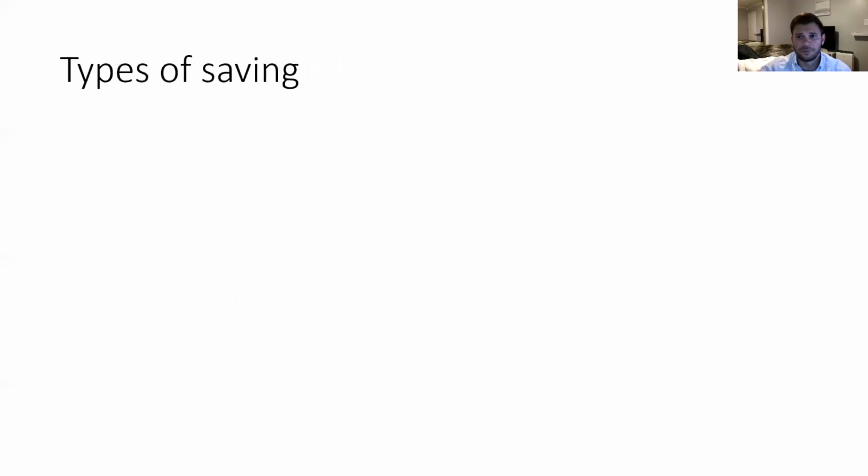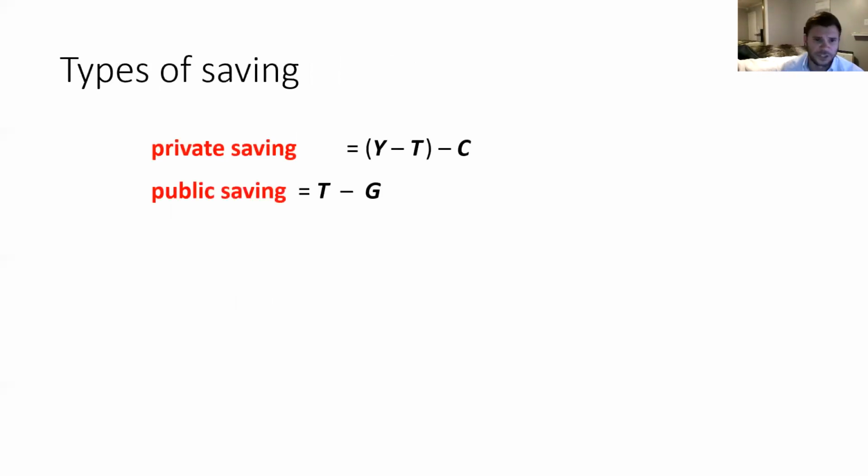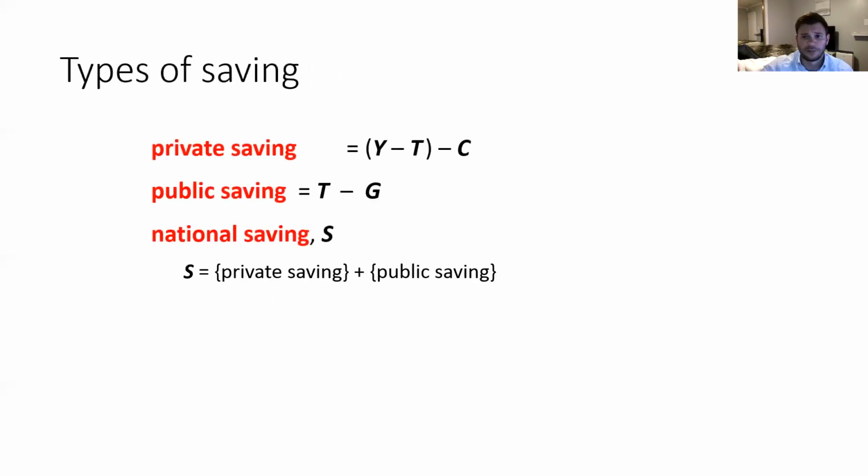We had defined private savings as the disposable income minus the amount of private household consumption, and public savings was just the difference between the amount of taxes collected and the amount of government expenditures. National savings was just the sum of private and public savings. You'll notice when we add those two things together, the minus T and the plus T cancel, so that national savings is just income minus consumption minus government purchases.